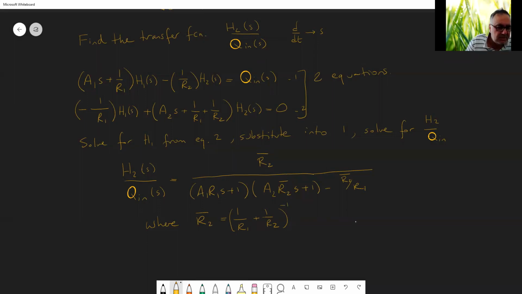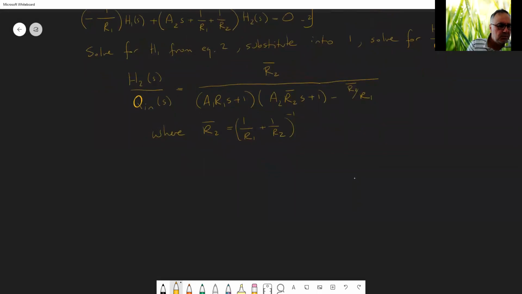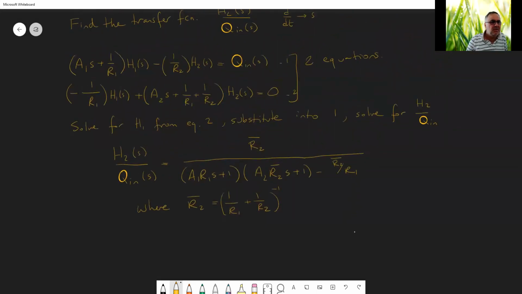Anyway, this is what we get if you solve it like this. I guess the easier way to solve this is to use Cramer's rule, perhaps. If you do that, you get an easier solution for H2, possibly.